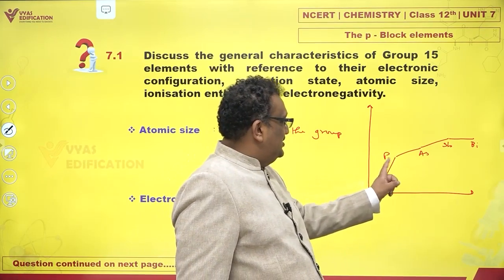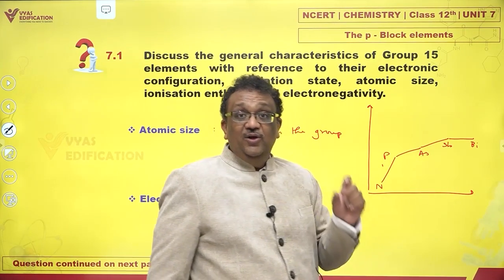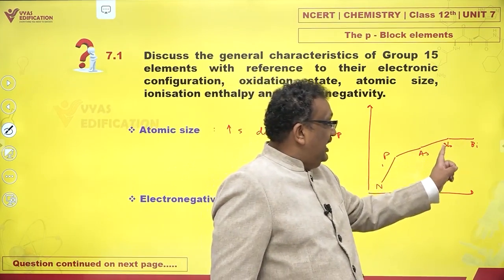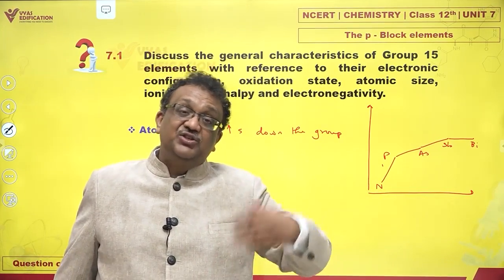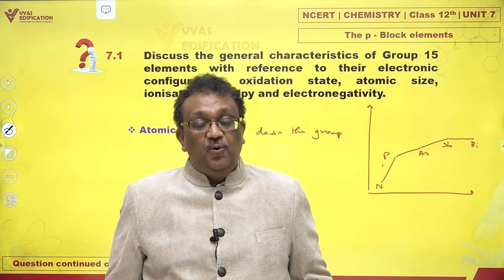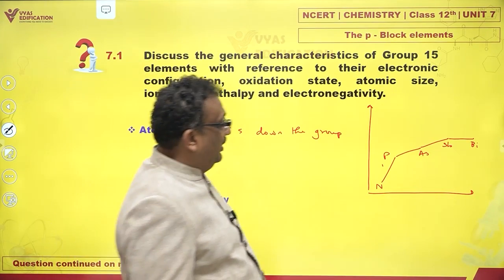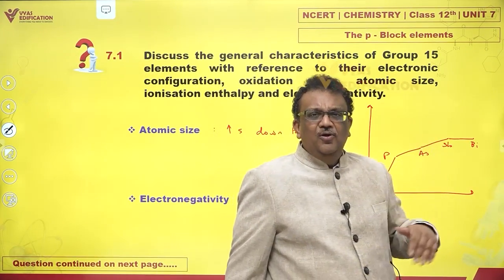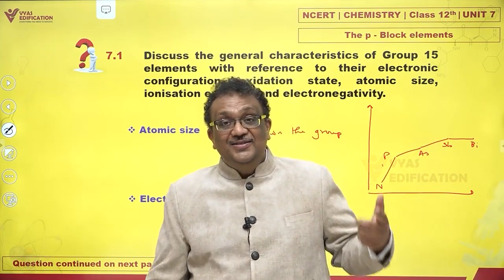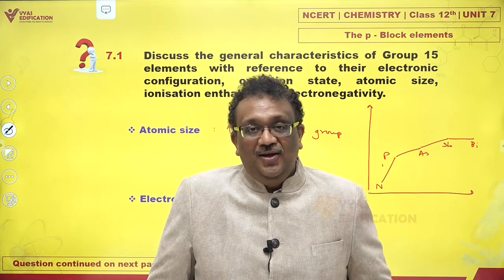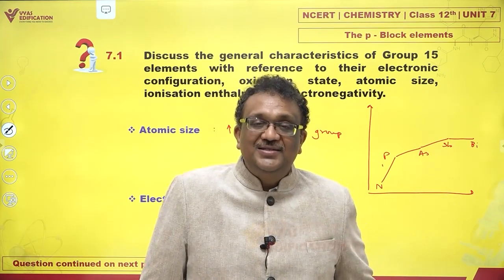Why? Because between phosphorus and arsenic you have d block, and between antimony and bismuth you also have d as well as f blocks. So if extra protons are being added to the nucleus, you find increases there, but not as much, simply because the rate of increase goes down with increasing number of periods.